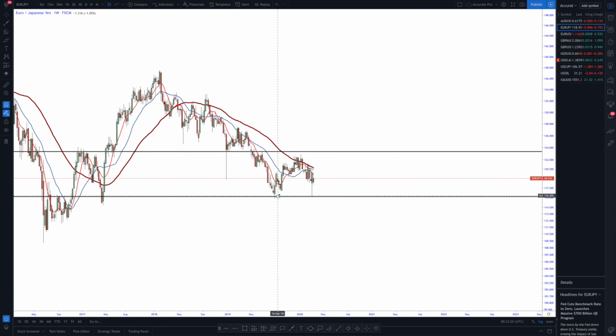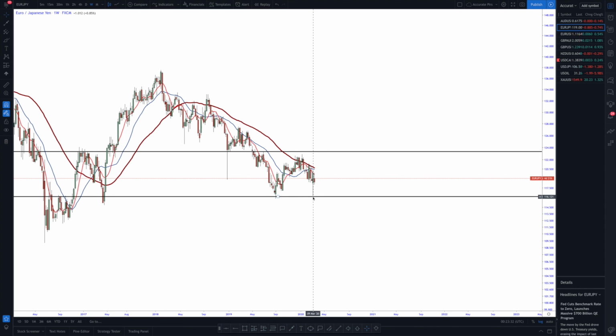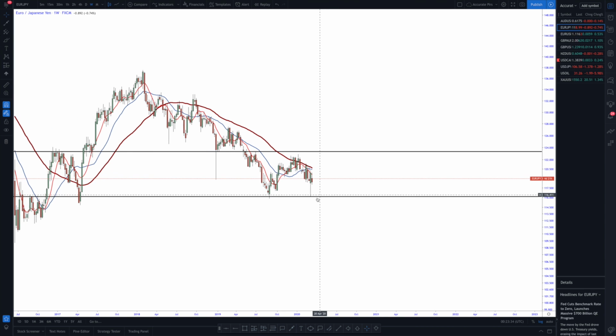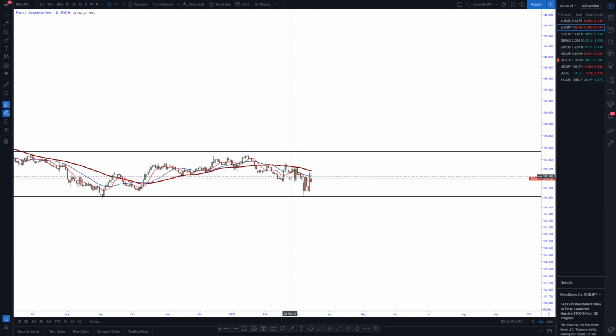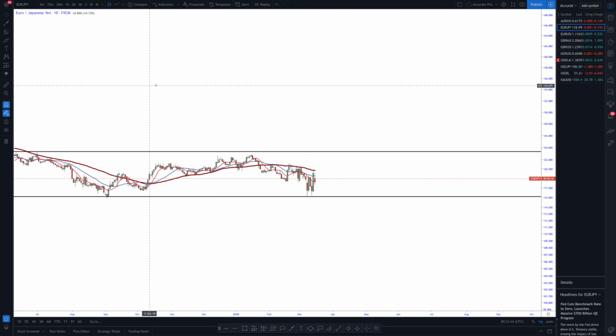And as you can see, coming into the future, last year in September, it held here, reacted, failed to break. That brings us to this present month in March, where it reacted again on the support level and failed to break. So we can see this is a very strong support level right here.